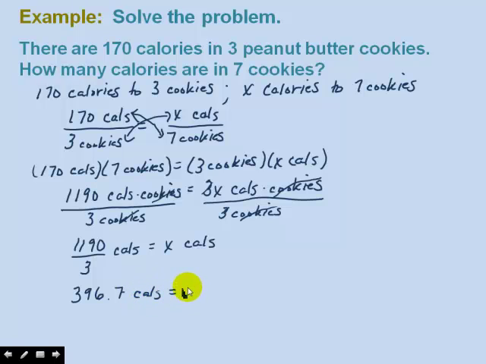So the answer to our question of how many calories are in 7 cookies would be there are approximately 396.7 calories in 7 cookies.